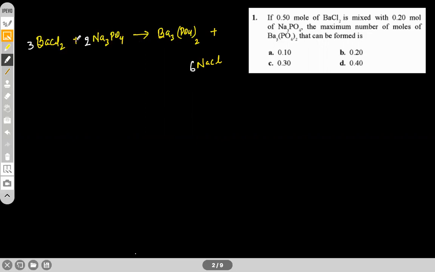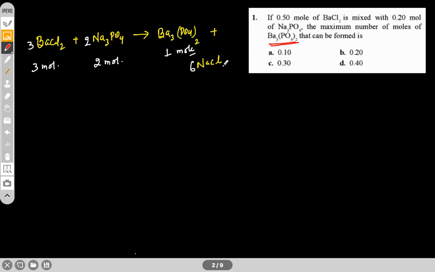Now from this equation, what we can say, the relation is 3 mole of BaCl2 combines with 2 mole of Na3PO4 and gives 1 mole of Ba3(PO4)2. Since in the question it is for Ba3(PO4)2, I am taking only this.